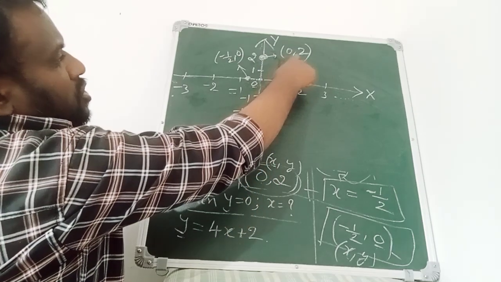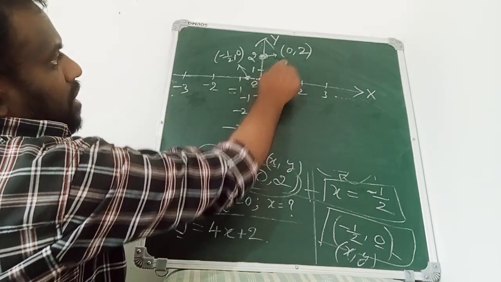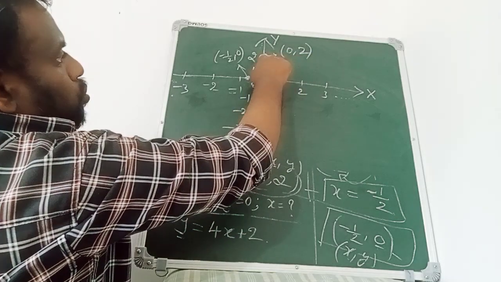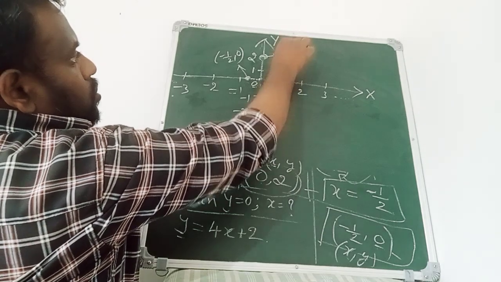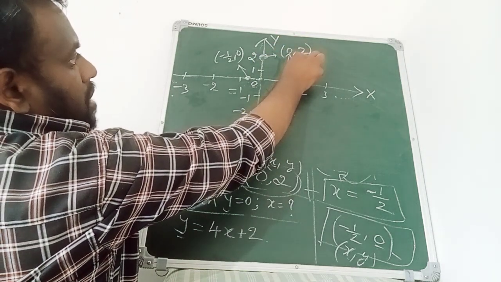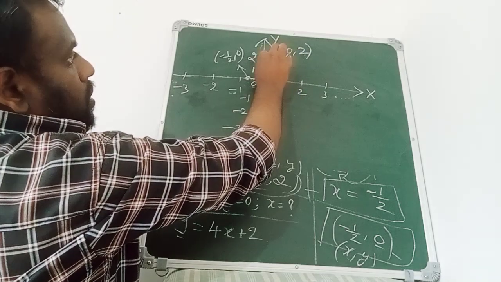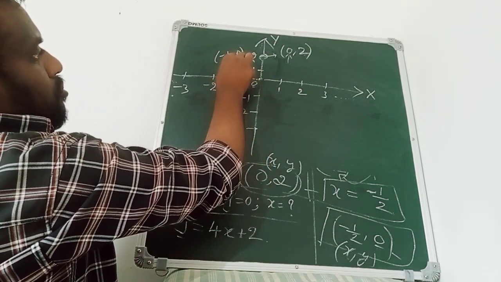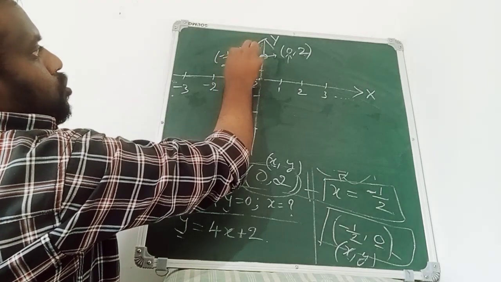See, when marking this 0 comma 2, first x is 0, then y is equal to 2. Since first x is equal to 0, we mark the point here at the y value because it is a number. But in case of this, x is equal to minus 1 by 2, it has some value, but y became 0.